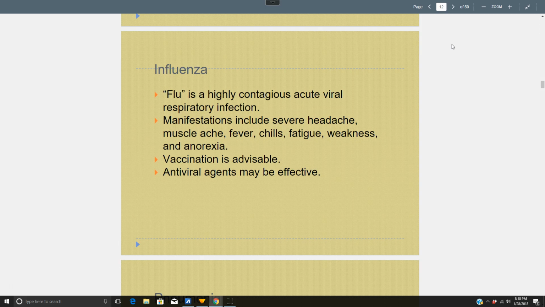So I just wanted to really stress the importance of keeping yourself at a lower chance of acquiring the flu. That's why I'm saying if you think you do have it, stay home. Don't infect anybody else, okay?